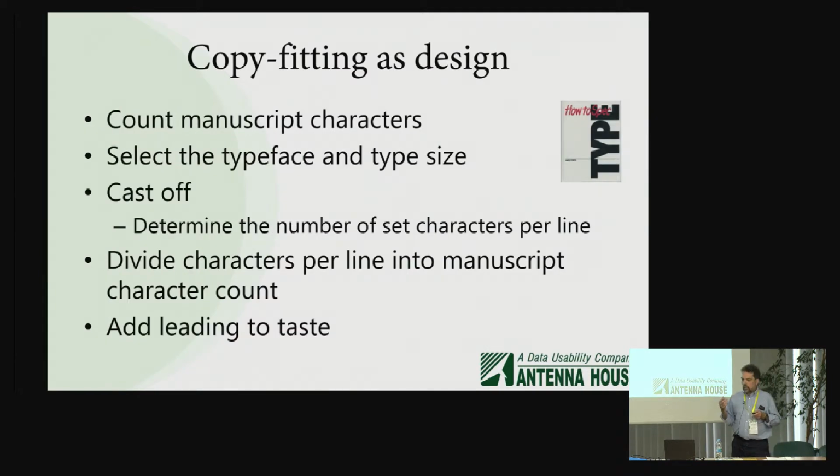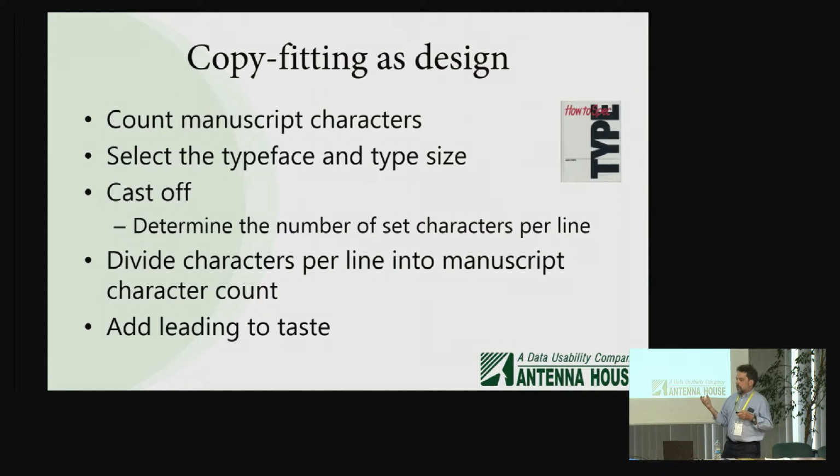So I'm going to talk about the 6 steps of copy fitting as designed from How to Spec Type from about 1983. If you go back even earlier, you can get actual books about how to do this. You count the number of manuscript characters. Back in the old days, you'd look at the typewritten text and measure things. You probably just get the result in Word right now.